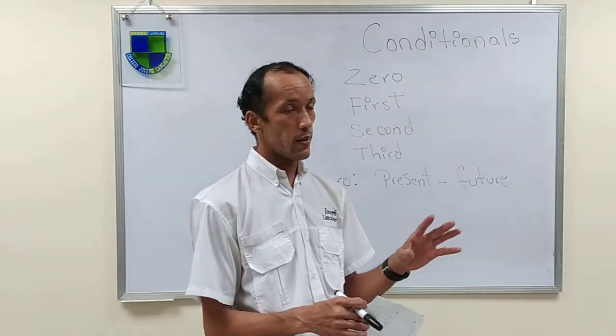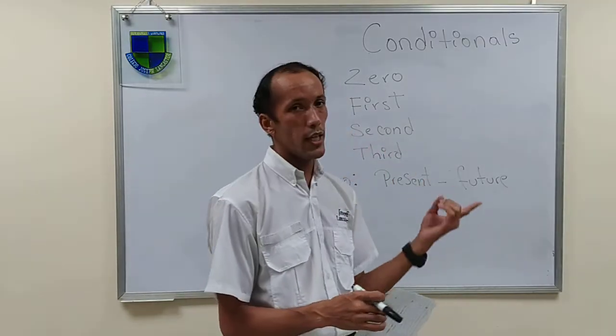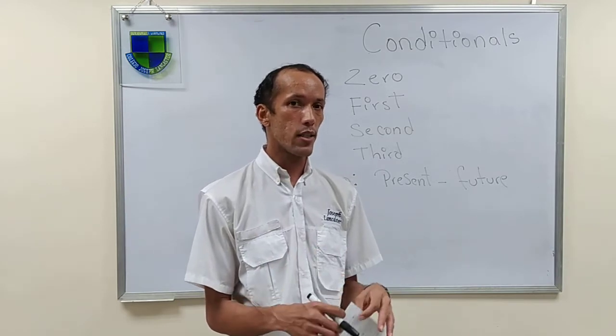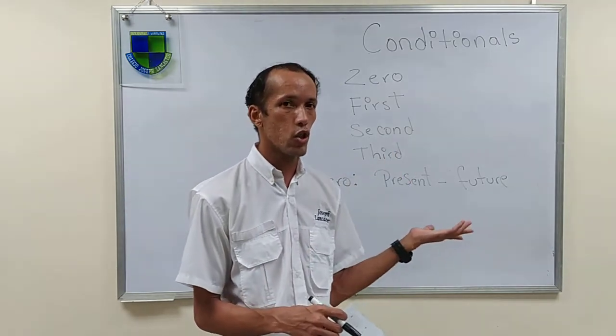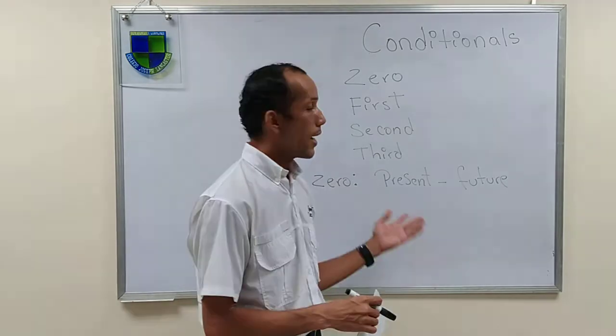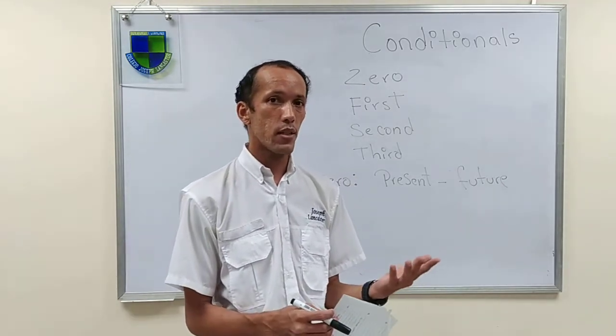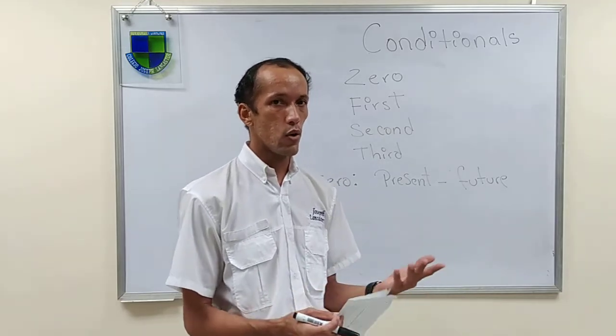So we're going to start with the zero conditional, and I want to explain the grammar structure that is employed in those conditionals, and also give you examples so that you can see the difference, and how you can use it.